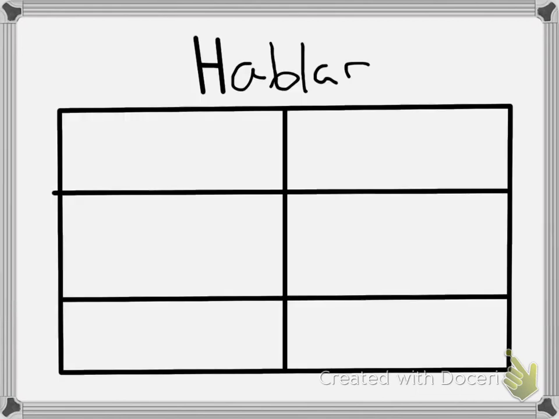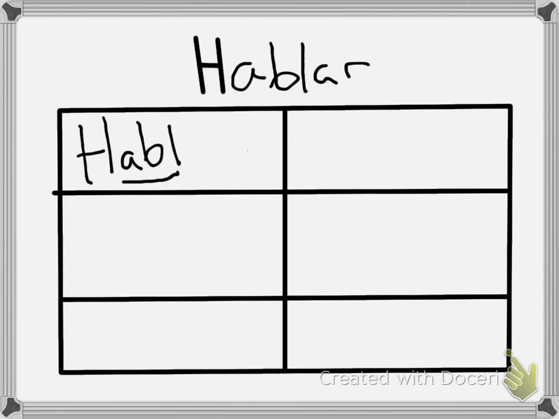So let's talk about how we conjugate a verb now. First off, let's start with the whole verb. So we have hablar. The first thing we need to do is erase the final two letters so that we get our verb stem.